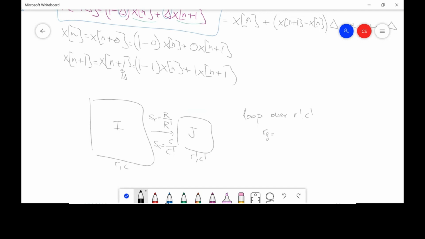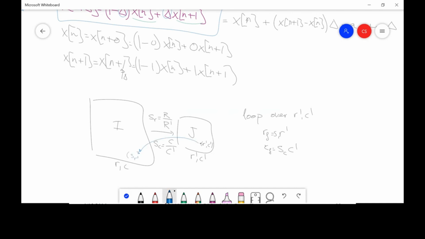R fractional is S R times R prime, and C fractional will be S C times C prime. What we are doing by that is taking this point and transferring it to here.